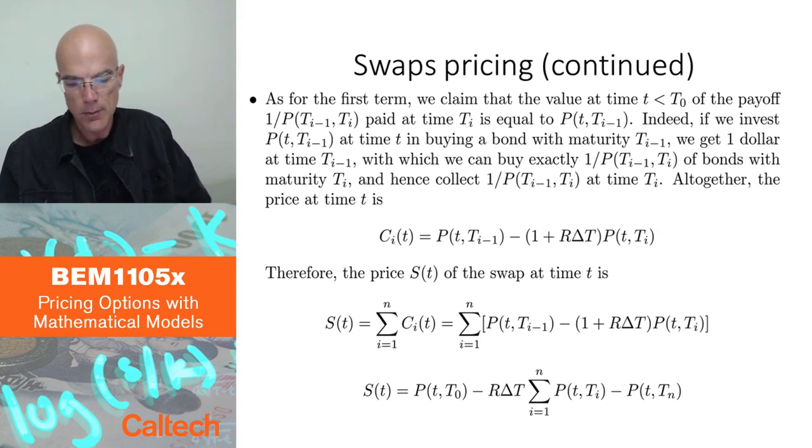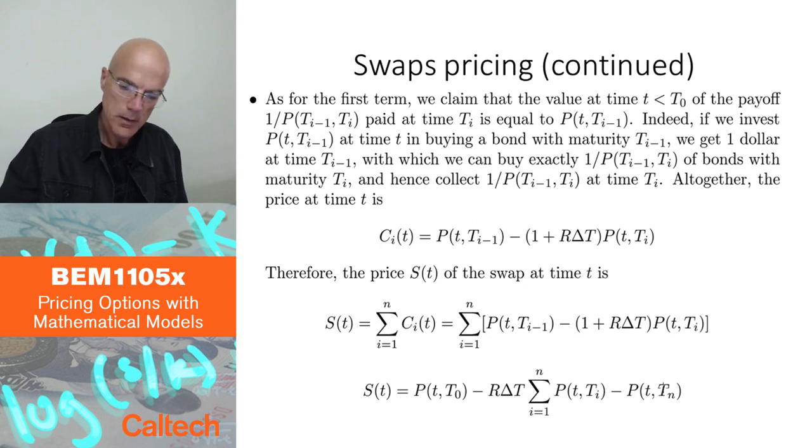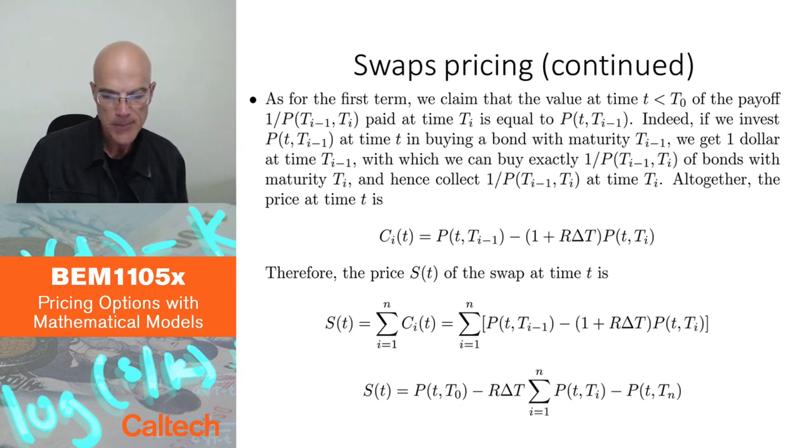So it's a simple formula, as we already kind of indicated. It's a linear function of the underlying asset. The underlying asset is kind of the rate, but it's also linear in the bond prices. So you can think of the price of the swap as simply a linear function of the prices of zero coupon bonds paying $1. So that's simple enough.